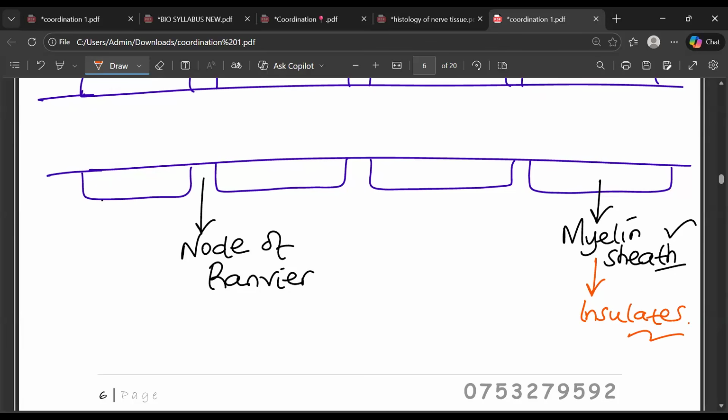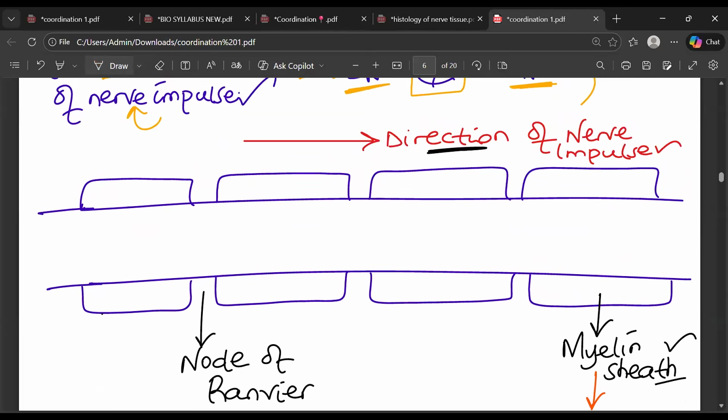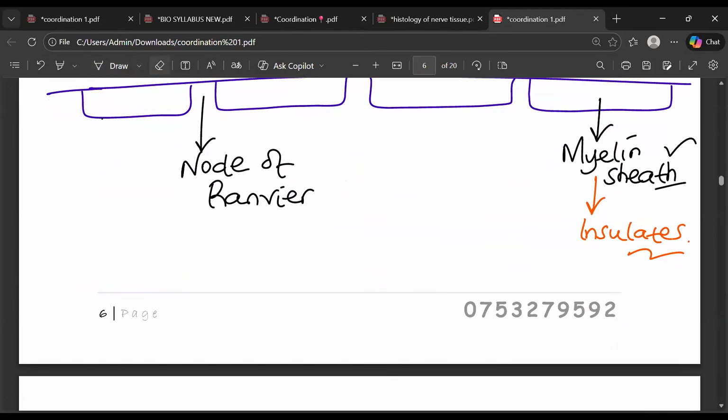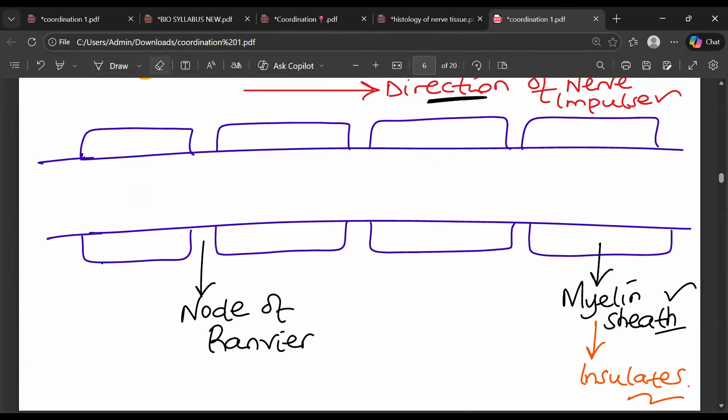This is something you will actually understand when we talk about conduction, because here it may not make sense. Those of you who have studied this know that when the nerve impulse starts to move, it moves like a wave of depolarization. I think you will only understand it when we talk about the properties first.